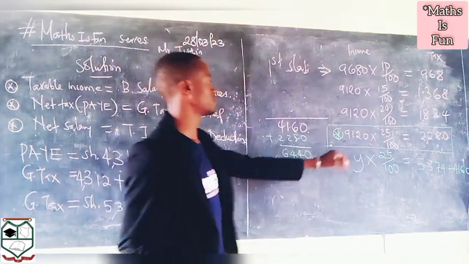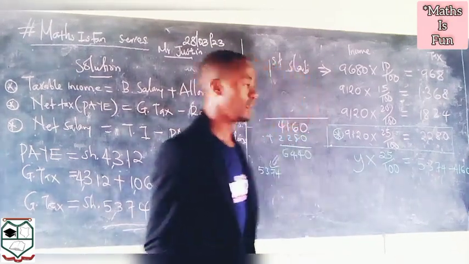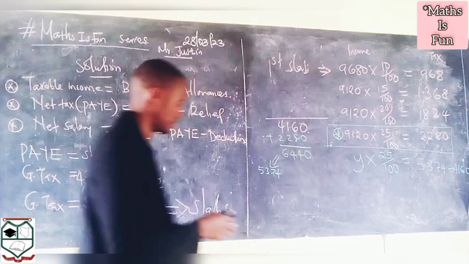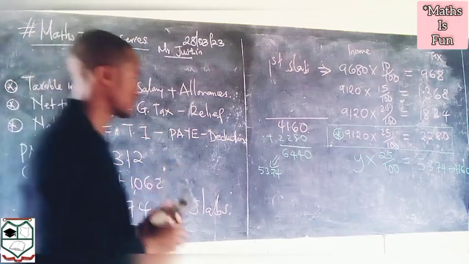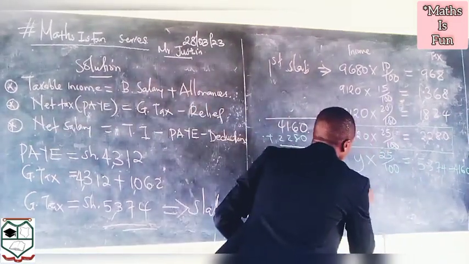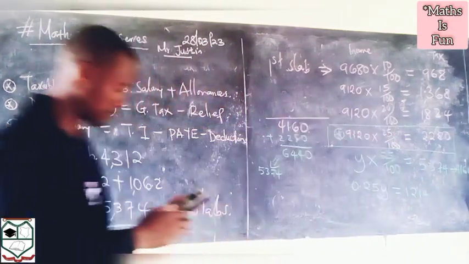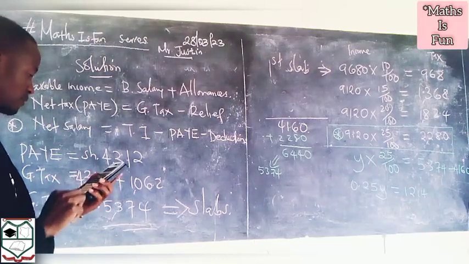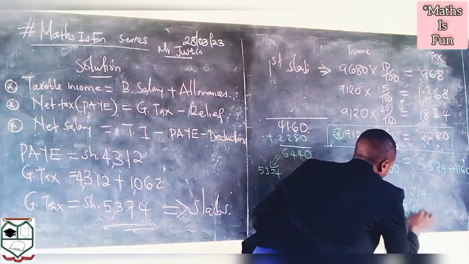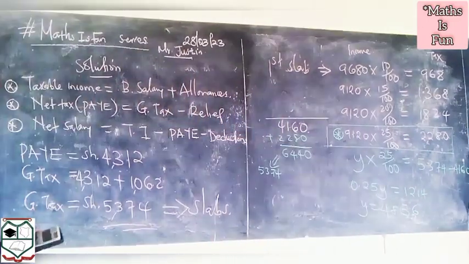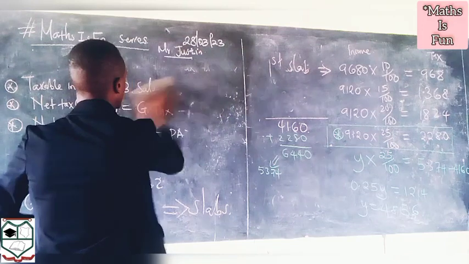The tax that should be obtained from the last slab should be the balance. We had 5374, we minus what we have in the previous slabs, 5374 minus 4160, you get 1214. So 0.25 times y is 1214. To get y, divide by 0.25, it is 4,856.